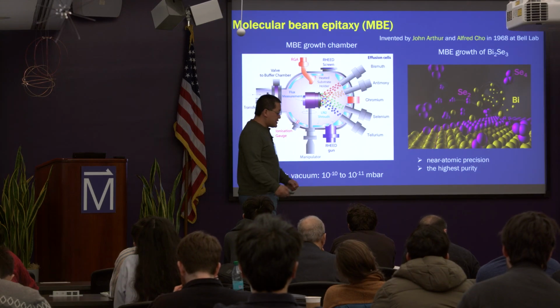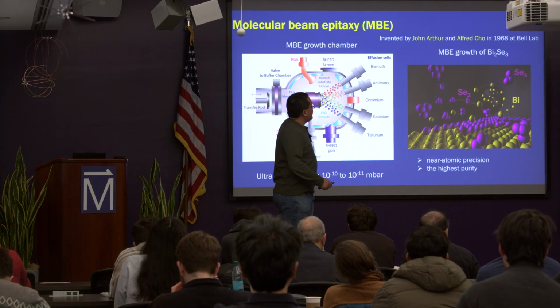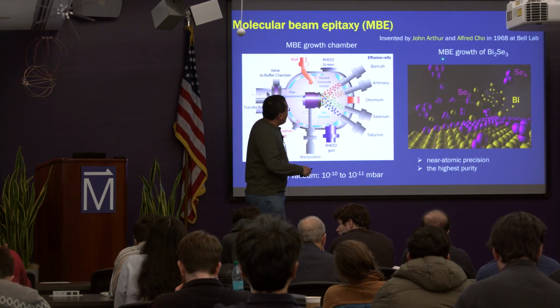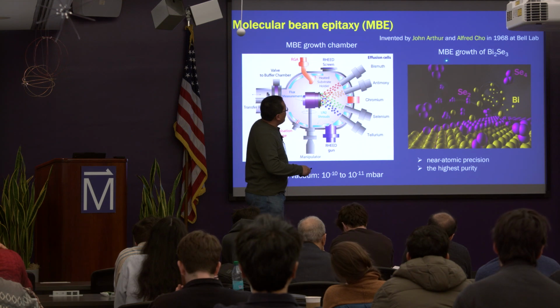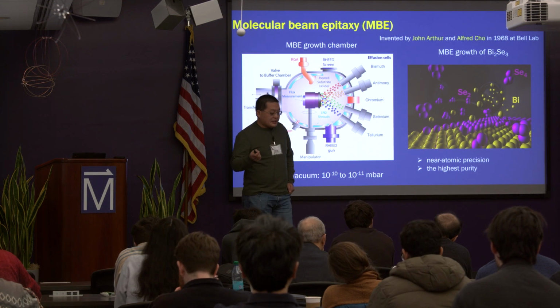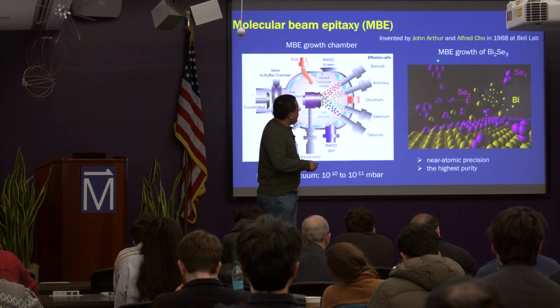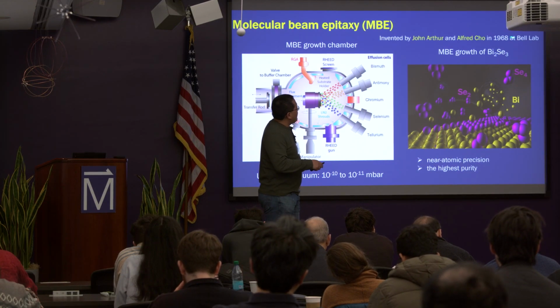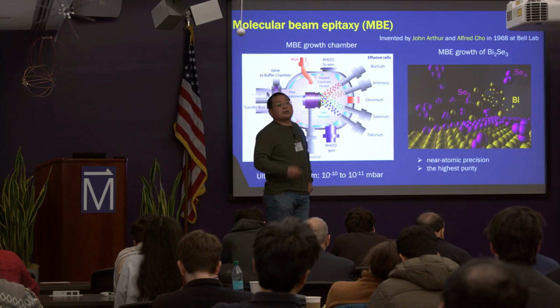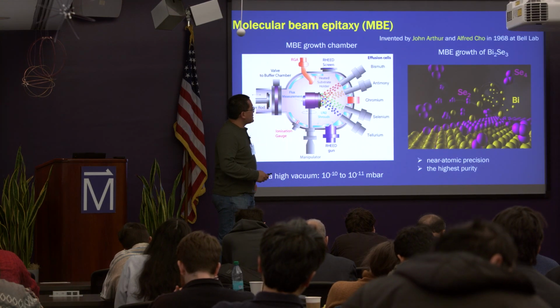That's also the reason we can realize quantum phenomena in MBE-grown samples. This is the schematic for the MBE growth of bismuth selenide, which is a typical 3D topological insulator. Later we will base on this 3D topological insulator the realization of quantum anomalous Hall insulators.